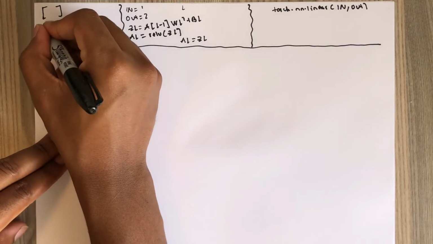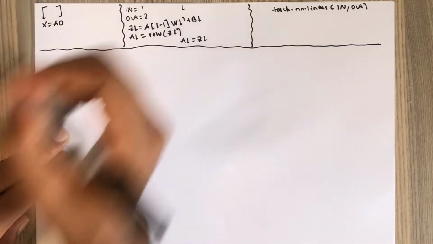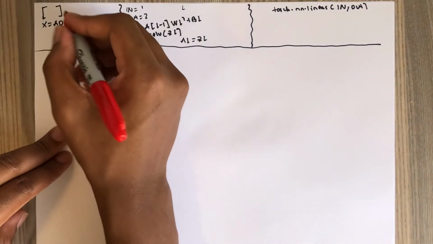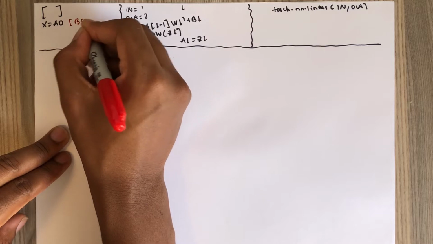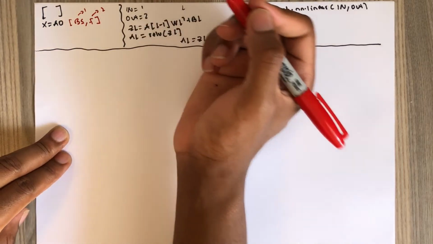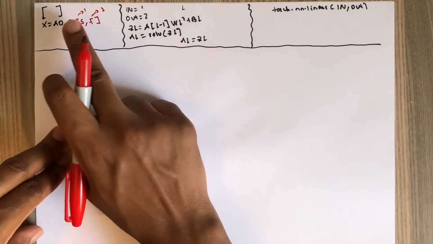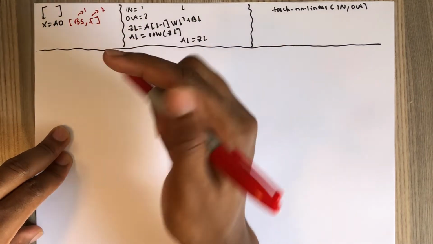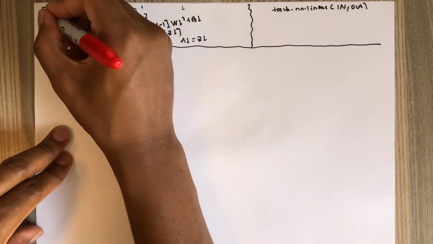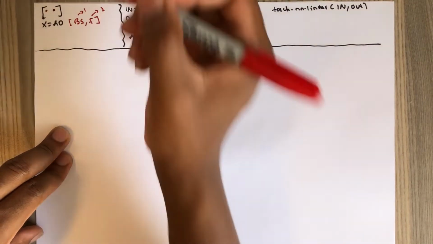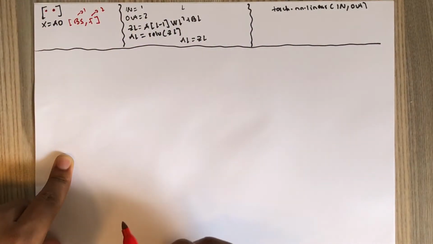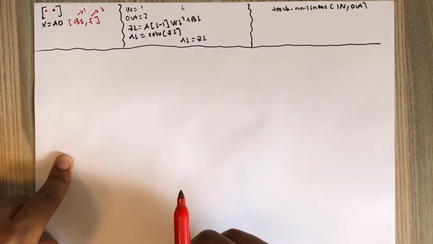Okay, let's call it x, which is the same as A0, and the dimension of this input is bs by f. This can be 1 and this can be 2, for example. So bs is batch size, so we are just going to have one example, and f is the number of features. So it's much more like this. We just have 1 row and 2 columns. Each row takes a single example.